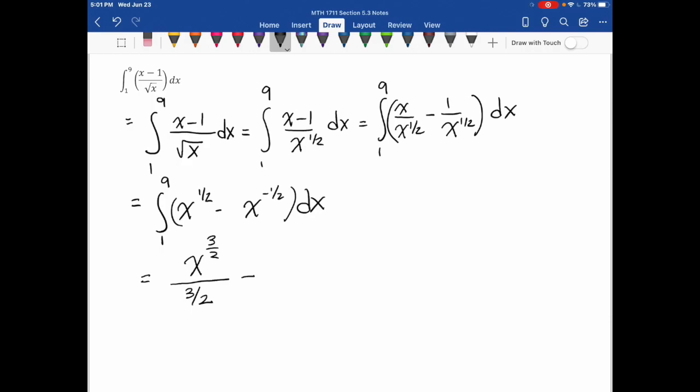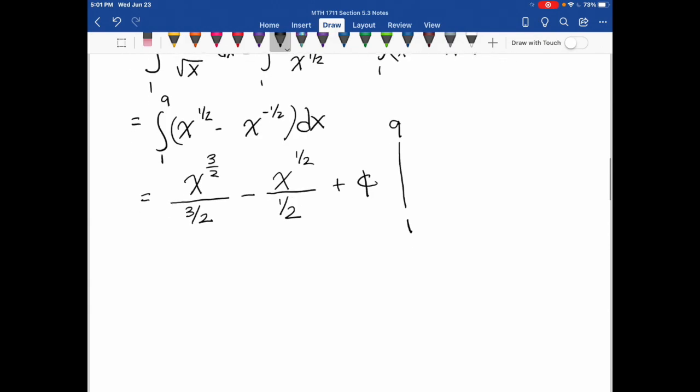I'm going to do the same thing with x to the negative 1/2. If I add 1 to the exponent, that's going to give me a positive 1/2, and then I have to divide by the exponent. And then, of course, I have plus c, my constant. And I have to evaluate that from 1 to 9.